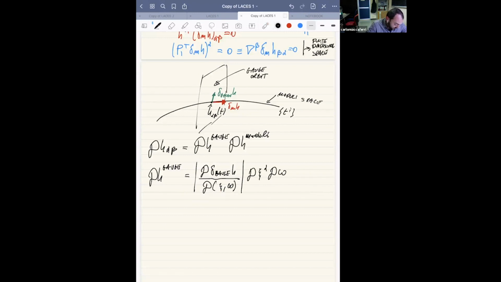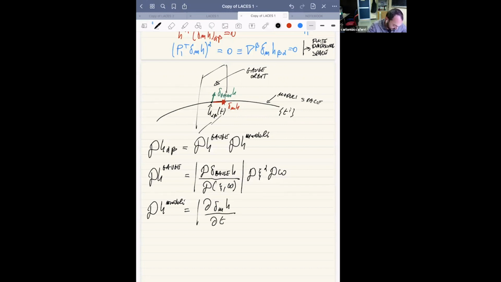In the same way, I can also write the moduli variation as a real determinant, a finite-dimensional one, because this just depends as a real function.